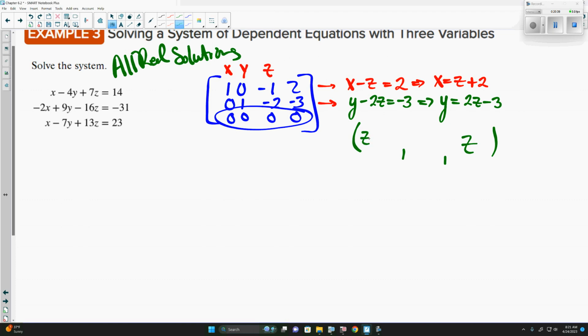X is going to be defined by the equation z plus 2. And y is defined as the equation 2z minus 3. Questions on this here?